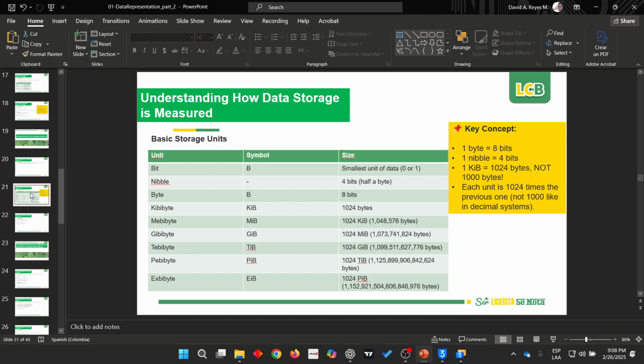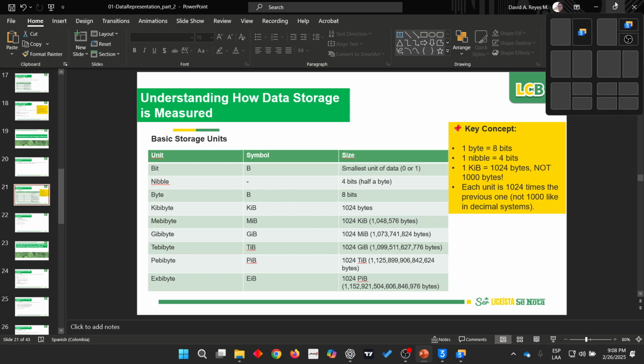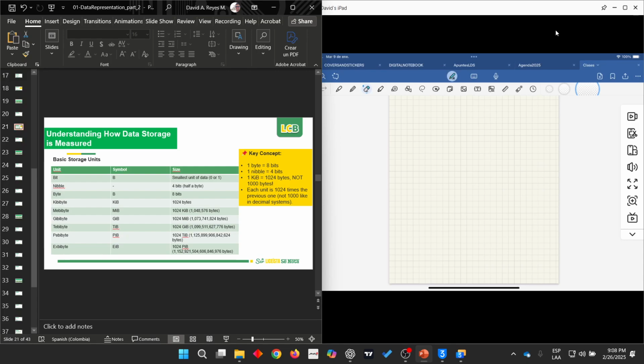Here we have, and let me try using this. If you notice on the slide on the left of the screen, we are talking about a bit. The bit is the smallest unit of measure in a computer.